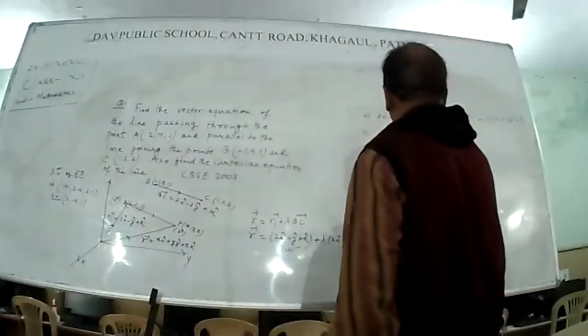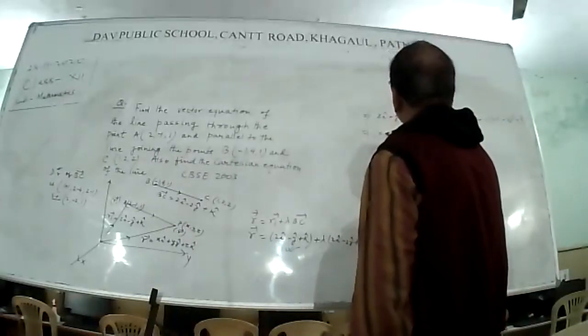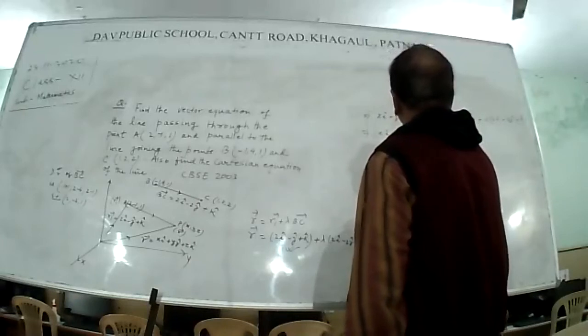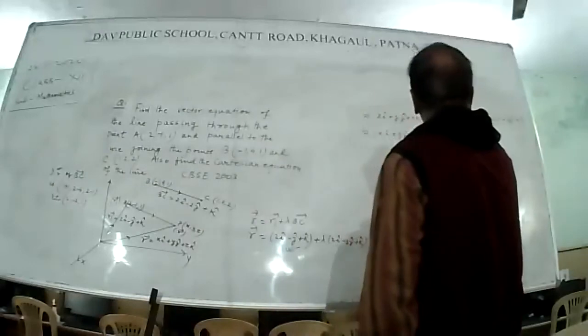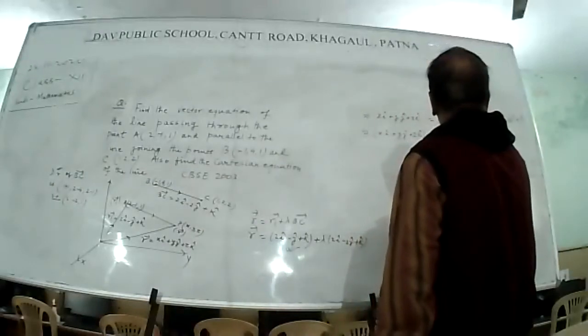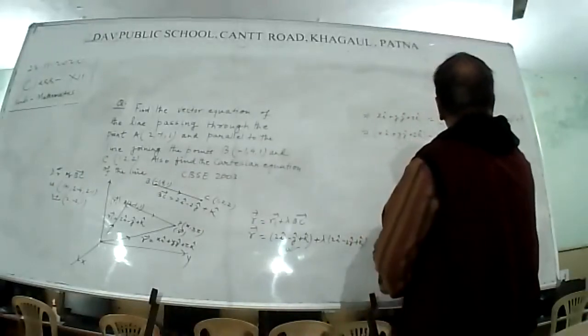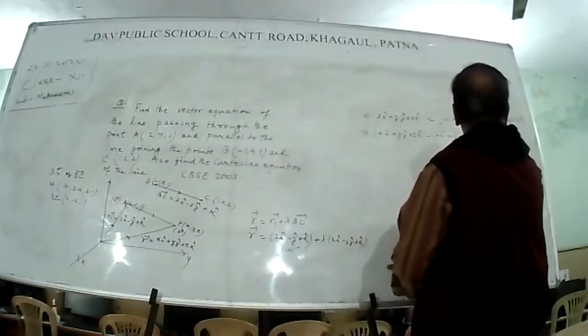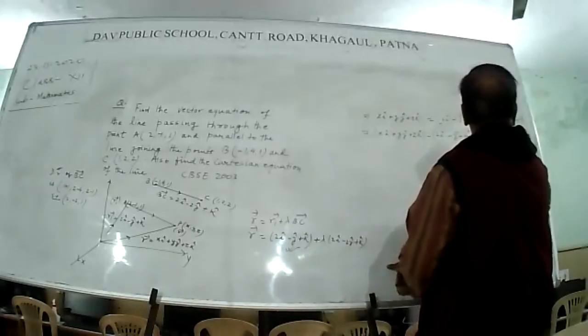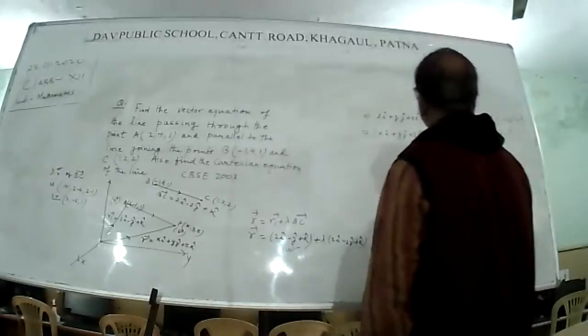So this implies x i plus y j plus z k minus (2i minus j plus k) is equal to lambda times (2i minus 2j plus k).